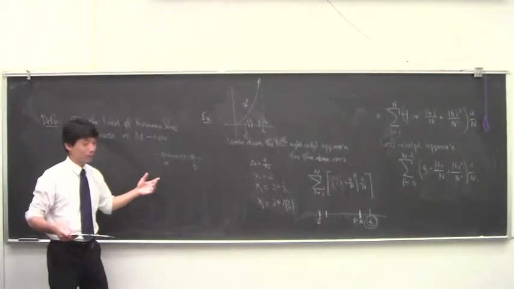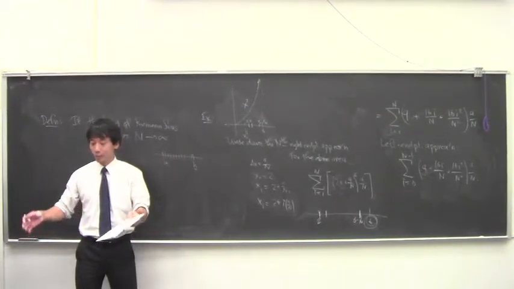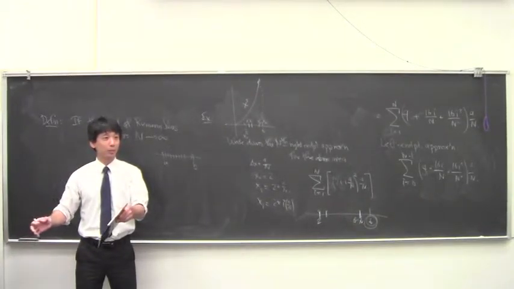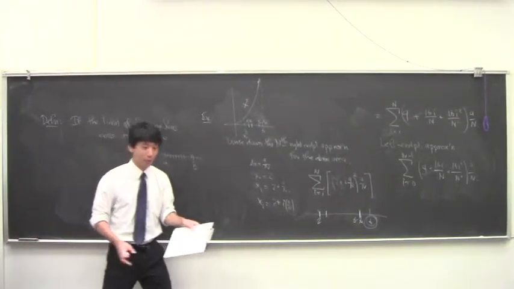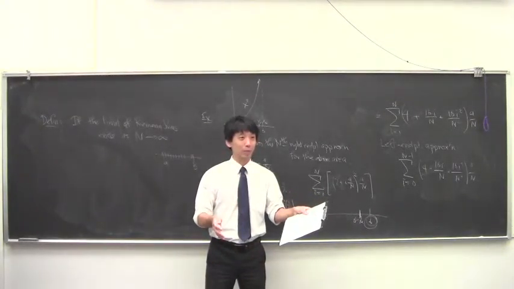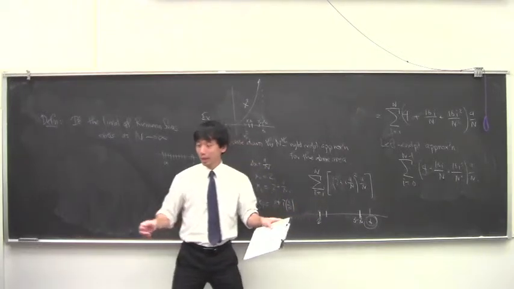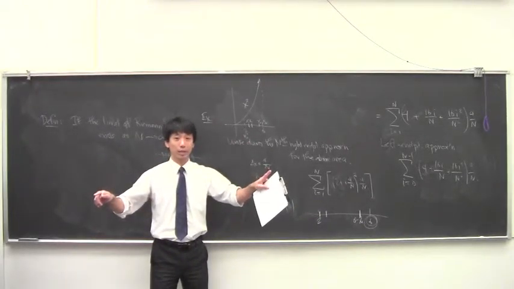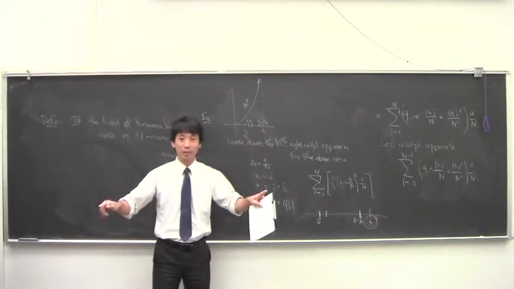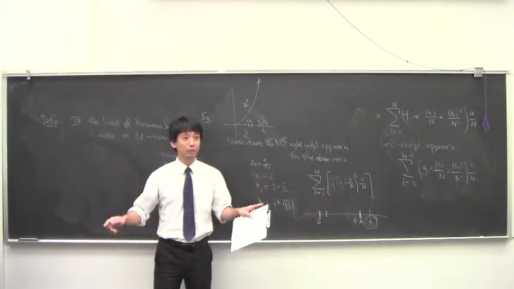One person goes into a room and chooses their own points according to some rule that they make up. Another person goes into another room and makes their own choice of points. Then they let n go to infinity, and no matter what choice of points they make, they always end up with the same number as n goes to infinity.